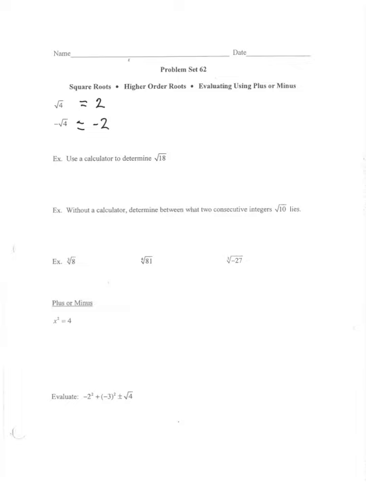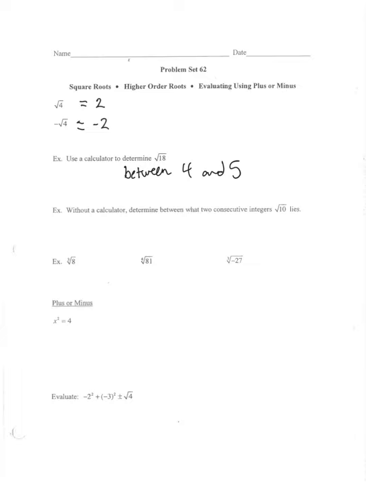So I know that 16 is the closest perfect square below 18, and above it is the square root of 25, which is 5. So I can make an estimate for the square root of 18 that it's somewhere between 4 and 5.